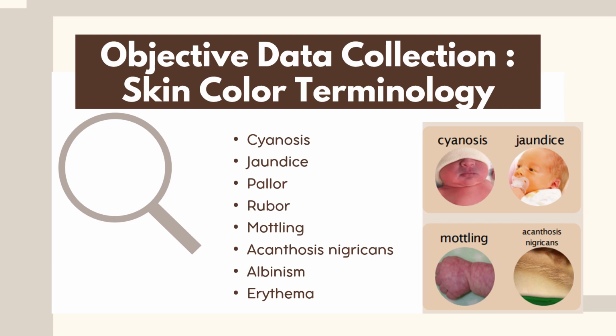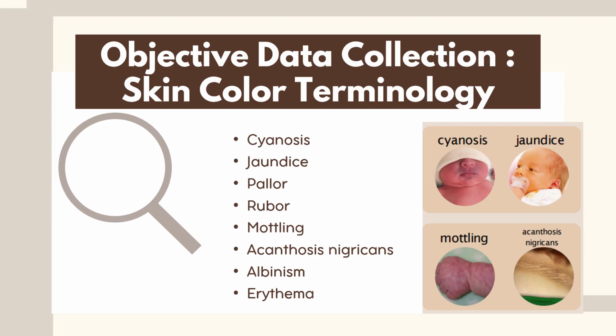And then rubor is redness. It's red or flushed skin, can be due to inflammation, fever, allergic reaction, or maybe even dependent extremities and peripheral vascular disease. You have mottling, that is a patchy, irregular skin discoloration, often associated with poor circulation, shock, or chronic illness.